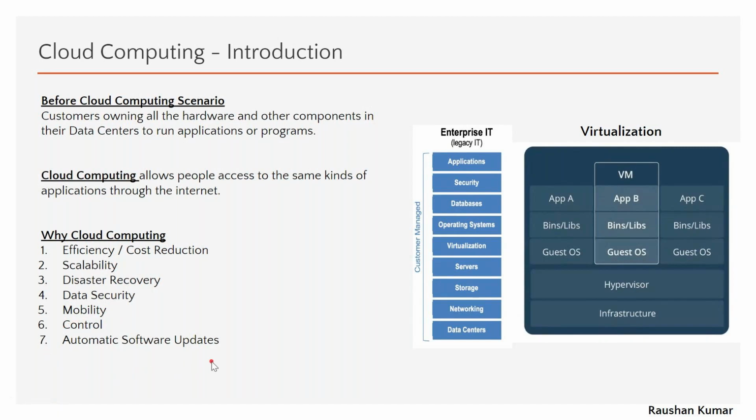Automatic software updates. You don't need to worry about the underlying infrastructure in the cloud, right? The cloud service provider's responsibility is to maintain and always keep the software up to date. If a server is outdated, they need to replace it. As a user, I don't need to take that headache. Whether the processor moves from Pentium 3 to Pentium 4, or now core 2 duo or quad core, I don't need to take a headache as a customer.